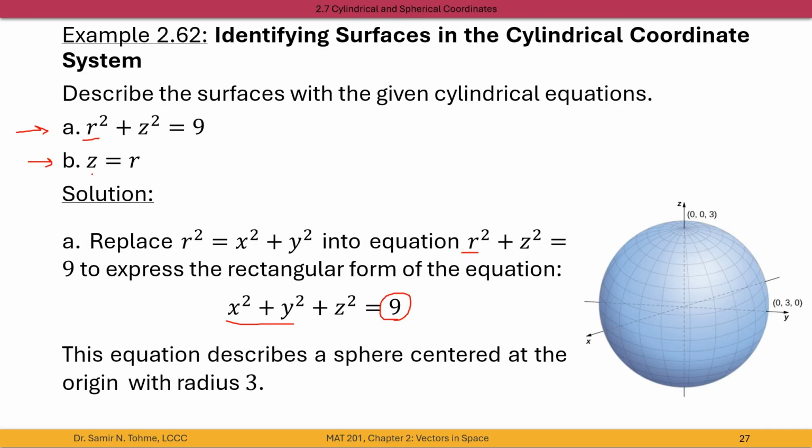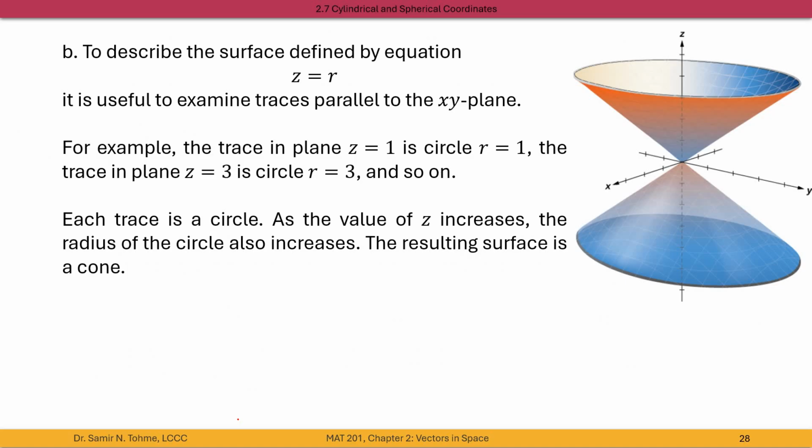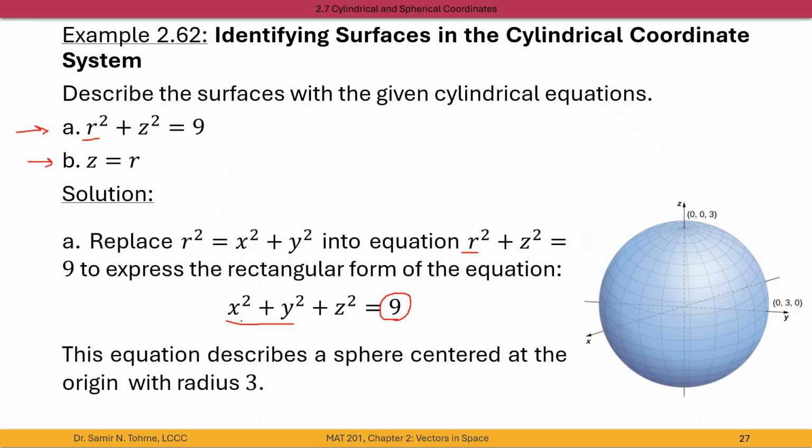As for the second one, z equal to r. To describe this surface defined by the equation z equal to r, sometimes you want to replace equations in other equations like we did now.